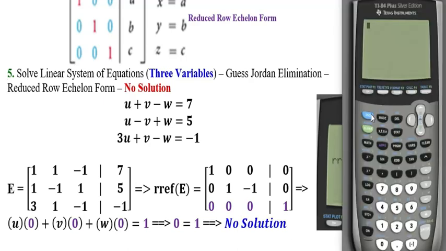And here it is. Second matrix, edit, go to matrix E, and this is 3 by 4. For u we have 1, 1, 3.